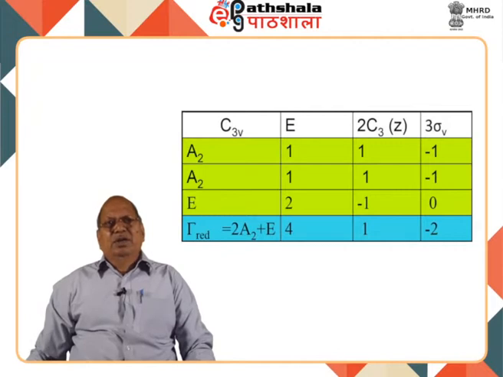Under E, we have 1, 1 and 2, that is 4. Under C3, we have 1, 1, minus 1, that is equal to 1. And under sigma V, we have minus 1, minus 1, 0, that is minus 2. That is, tau reducible is equal to 2A2 plus E, 4, 1, minus 2. So, we can reduce this in a simple manner.